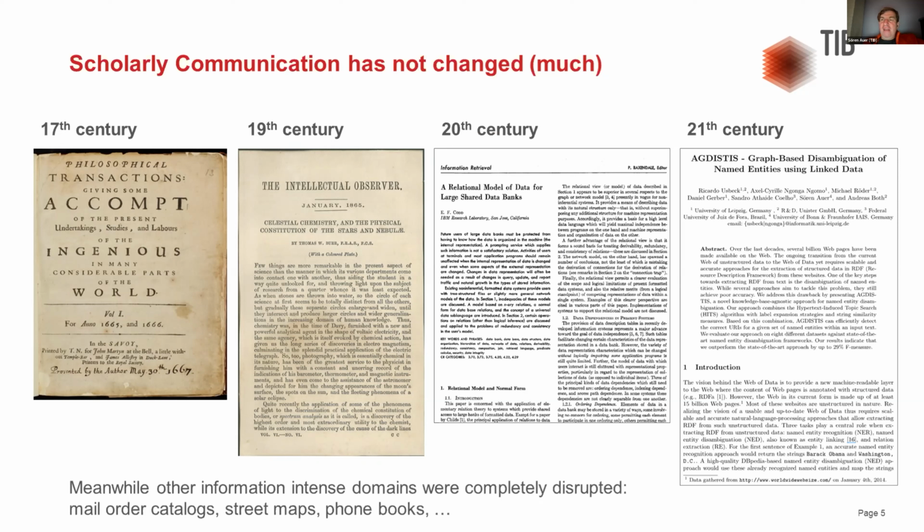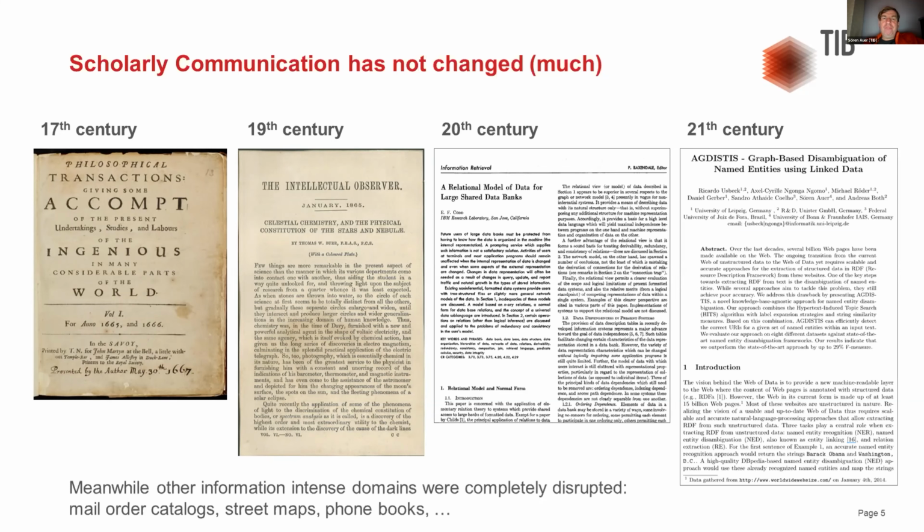But this would be the same as sending a PDF scan of a mail order catalog or a PDF scan of a street map by email. And who would use that nowadays? The question is, why don't we have more adequate services for organizing scholarly communication and research insights in a digital way, beyond these traditional unstructured static papers which we are used to writing.